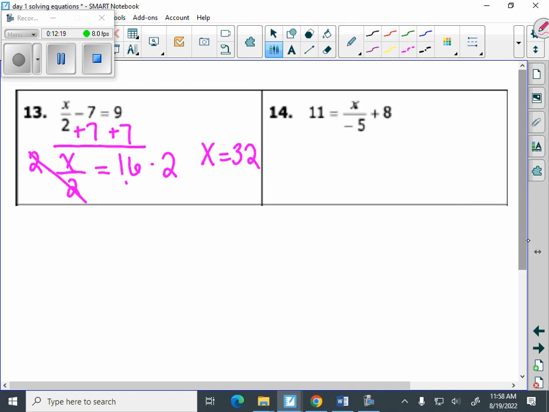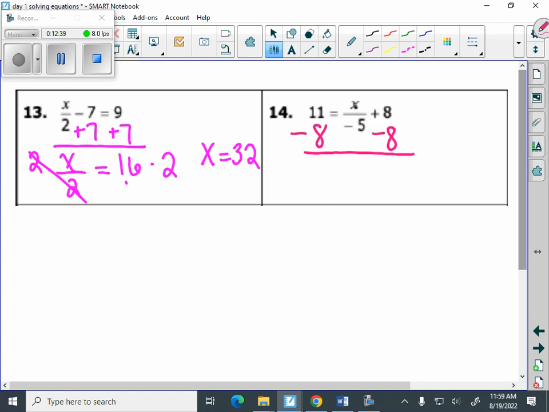Number 11. Isolate the variable. Get the term with the variable by itself. This time it says plus 8, so we want to get that plus 8 over to the other side, so we're going to subtract 8. We're going to undo the addition with subtraction.